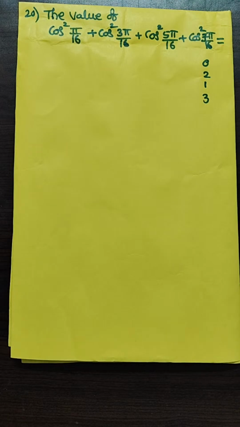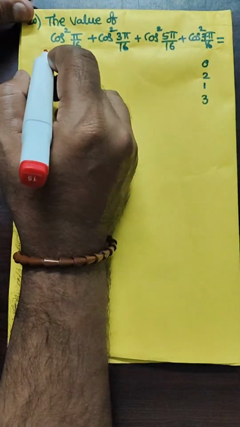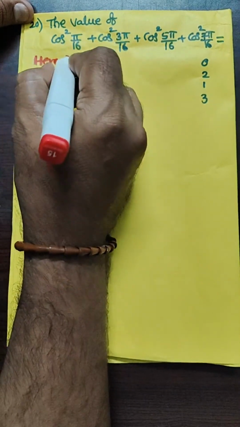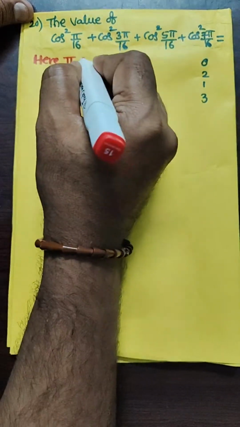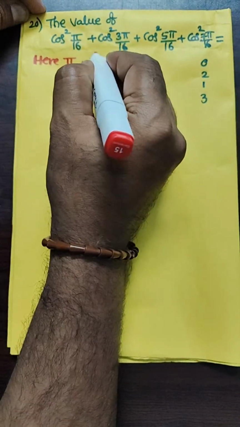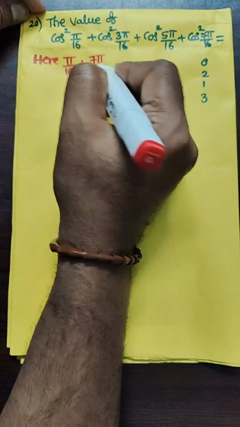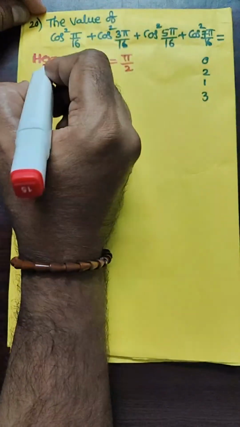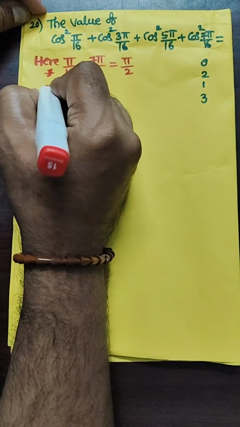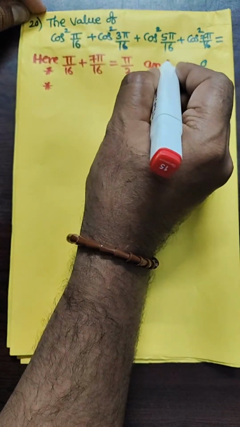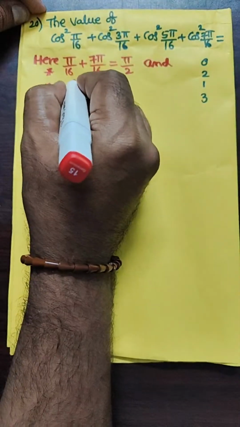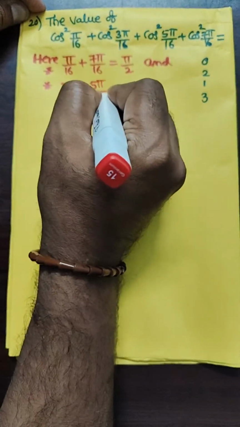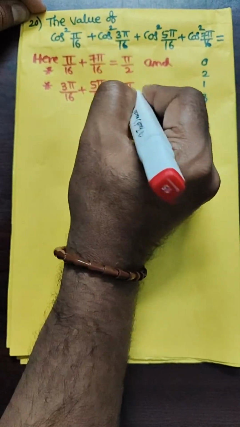See, how we are going to do is pairwise. Here, by observing, pi by 16 plus 7 pi by 16 is equal to pi by 2. Am I right? And 3 pi by 16 plus 5 pi by 16 is equal to pi by 2.